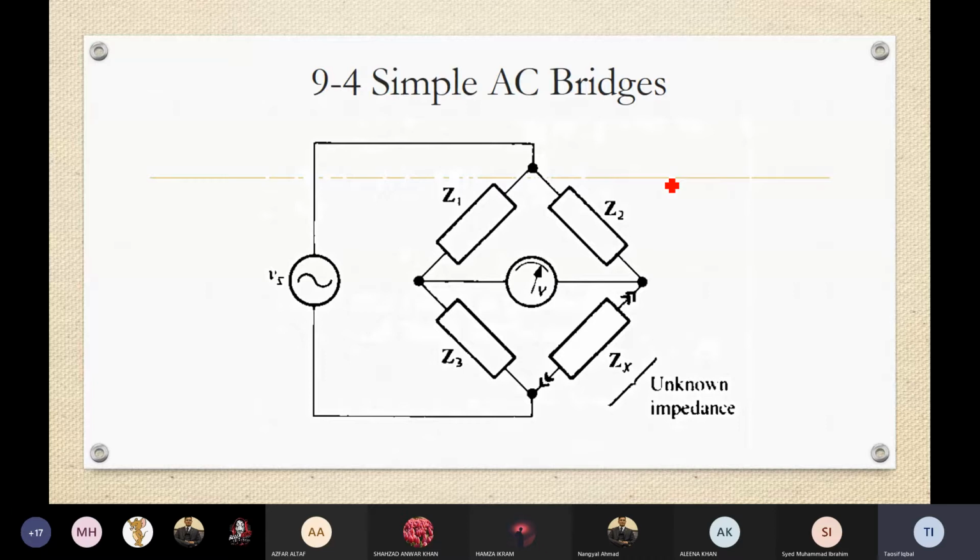The same bridge we can use with AC supply, so that we can find out the unknown impedance, whether we have RL kind of unknown impedance, or RC, or maybe a combination of both L and C, because in both cases we are going to have the current phase difference between voltage and current.